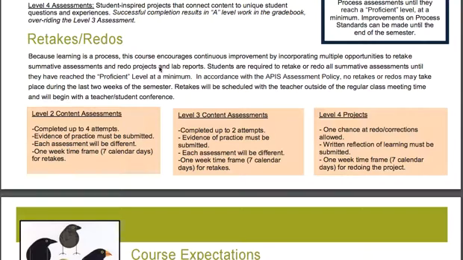These are student-inspired projects that connect their unique student questions and experiences to the content. This would be A-level work, and again, this would cover up that level 3 assessment. So what you'll often see in the gradebook is at the beginning of the unit, many students will start with a C because we've only done the level 2 assessment and they're doing C-level work.